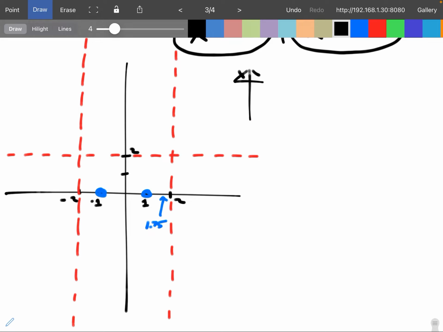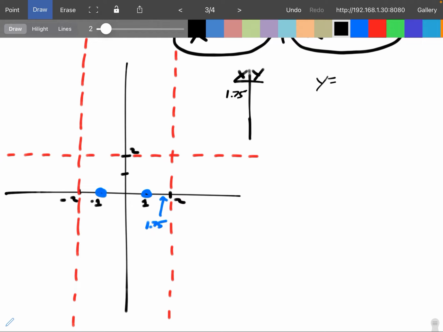All right, so what we're doing is we're making a little table here again. X and Y. We just picked 1.75 as our X value. Well, I gotta get a finer point going on this thing. 1.75. All right, so we got to plug that into our original function.